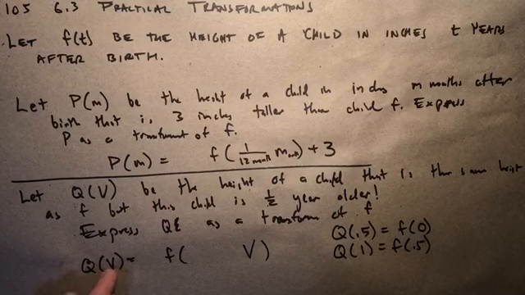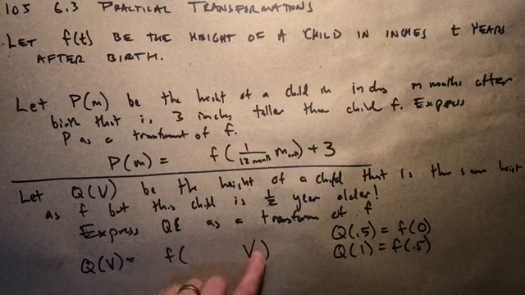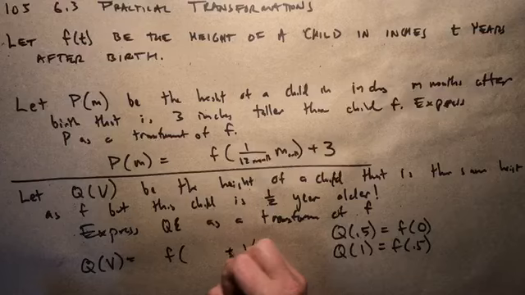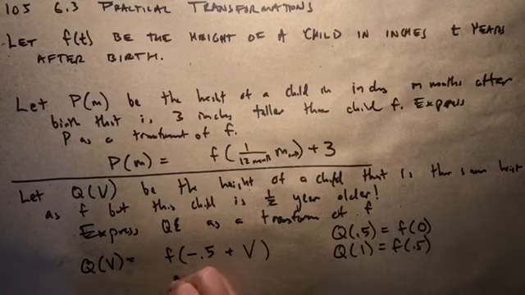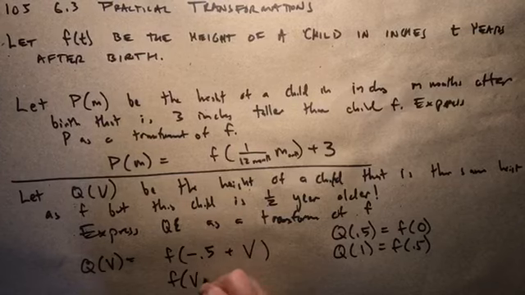If I put a half in for V, what do I have to do to get a 0 out? If I put a 1 in, what do I have to have in here to get a half? And so we're going to have negative 0.5. Another way of writing that would be V minus 0.5.